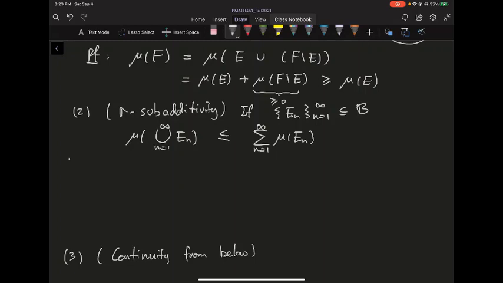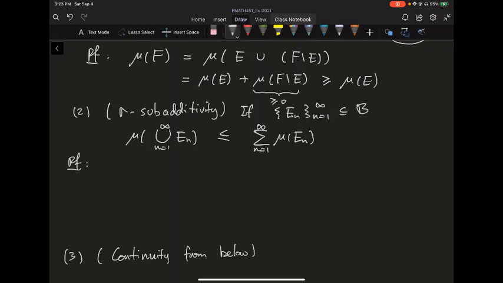Here is the proof. Recall from when we talked about the sigma algebra, there is a trick we're going to use very soon: we write a countable union as a countable disjoint union.